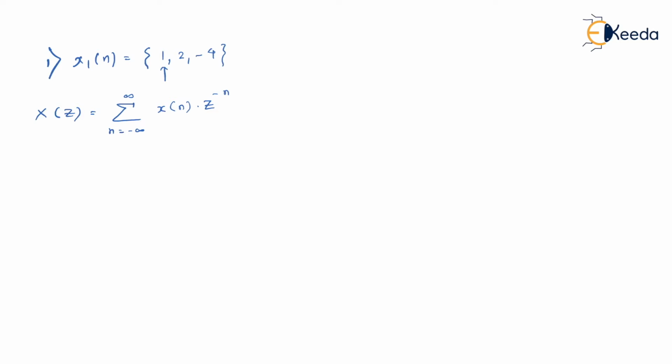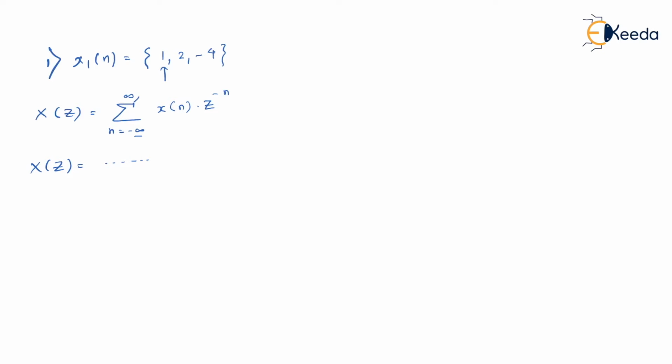Now, as you can see, n is varied over minus infinity to infinity, and if I expand this summation, it will have a total of infinite terms. That is, all negative values of n are covered along with all positive values of n, along with n equal to 0 also.